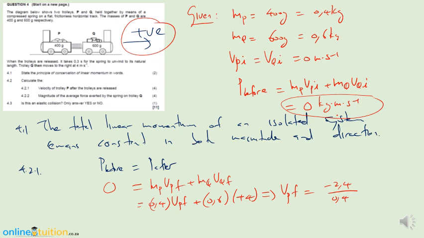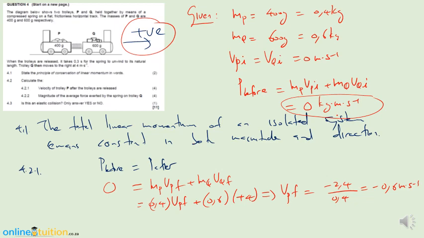And that turns out to be, if I do that right, minus 0.6 meters per second. The negative sign is because we chose to the right as positive. So any negative sign tells us that that trolley is moving to the left.